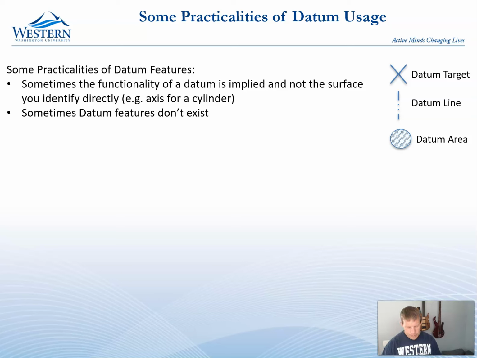So sometimes the datum is implied and is not actually there. Sometimes it doesn't exist. One example of that is the axis of a cylinder. When you identify a cylinder as the datum, then the actual datum is the axis that is formed by that cylinder.